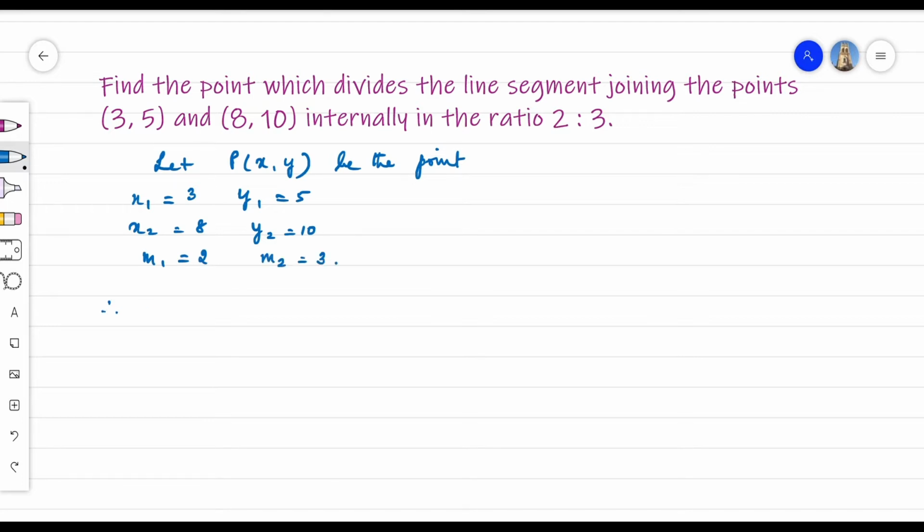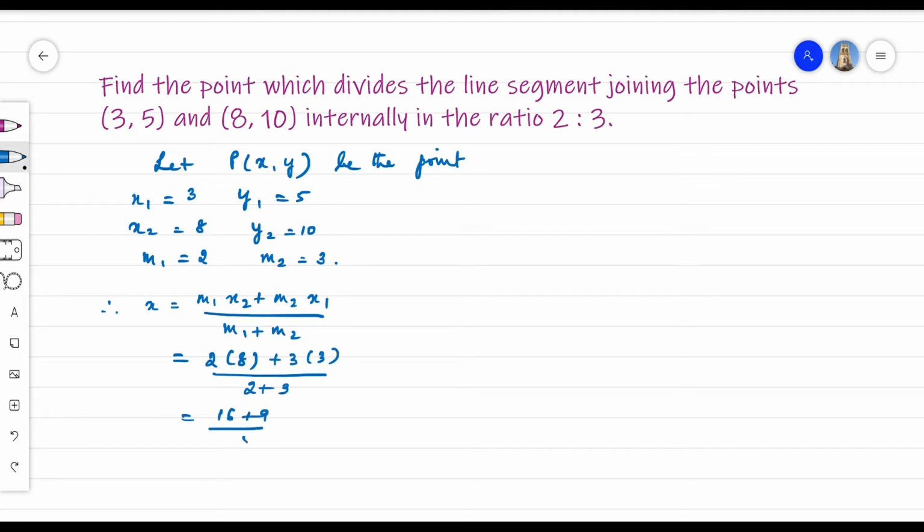Therefore, x is equal to m1 x2 plus m2 x1 divided by m1 plus m2, that is equal to 2 into 8 plus 3 into 3 divided by 2 plus 3. It is 16 plus 9 by 5, that is 25 by 5, that is equal to 5.